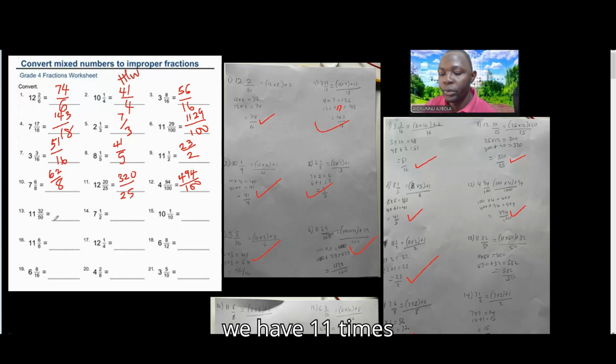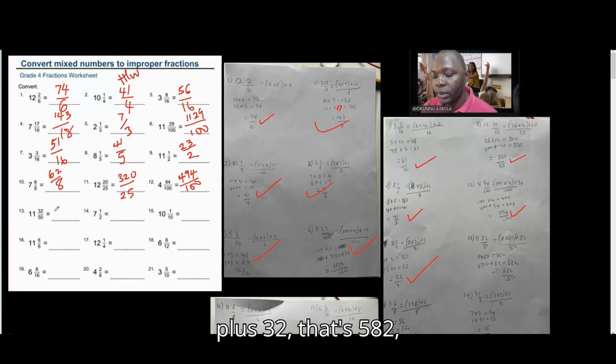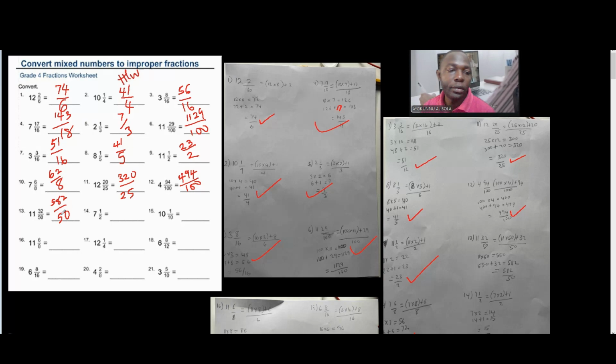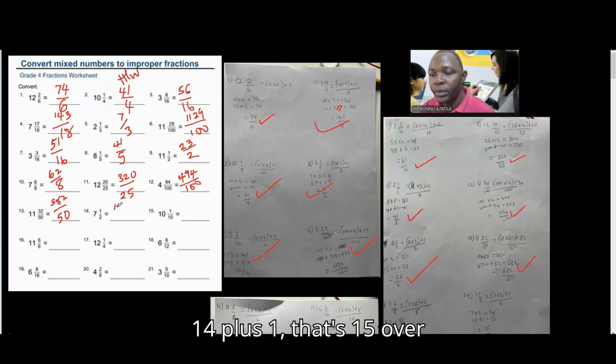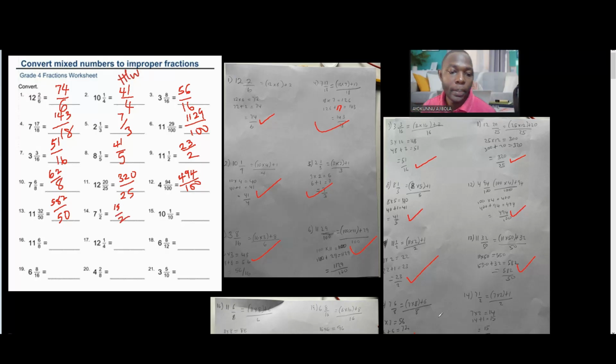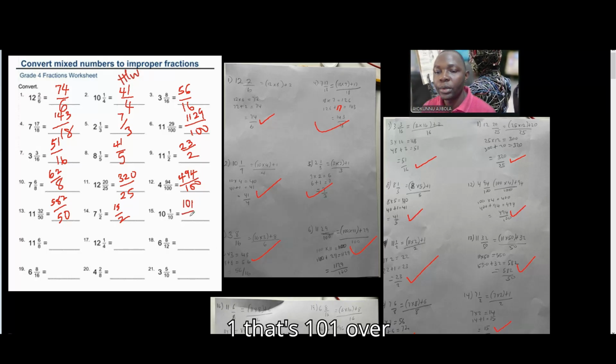And we have 11 times 50, which is 550 plus 32, that's 582 over 50. Then the next one is 7 times 2, which is 14 plus 1, that's 15 over 2. And then we have 10 times 10, 100 plus 1, that's 101 over 10.